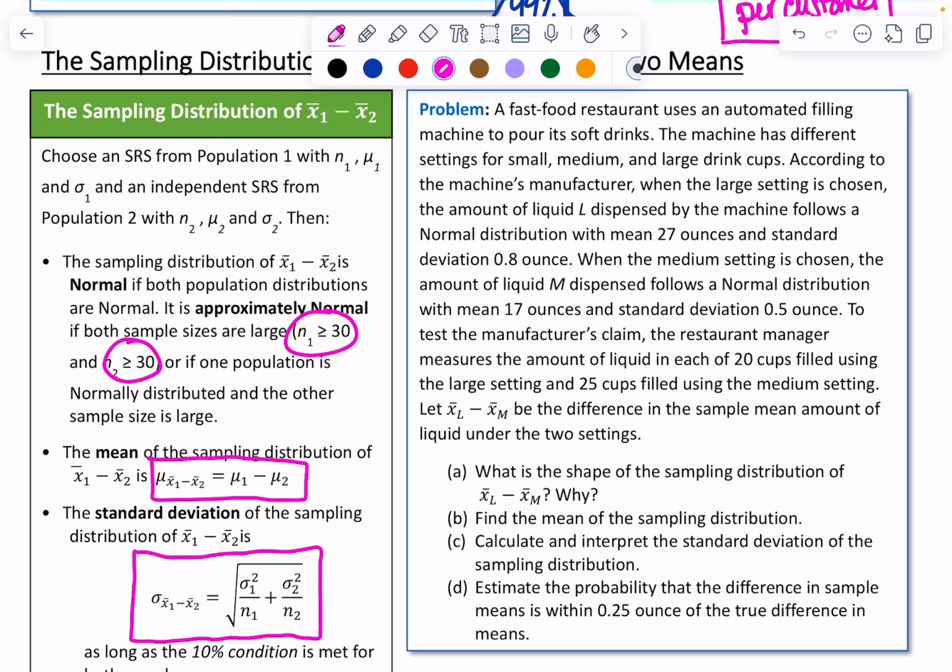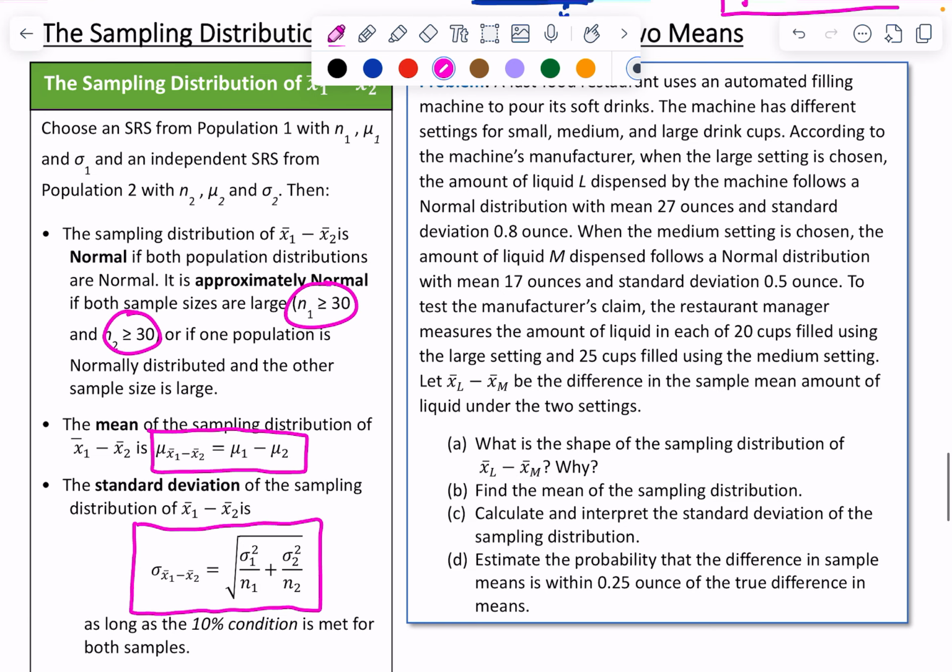Part A, what is the shape of the sampling distribution of X bar L minus X bar M? So let's go back. What do we know about the shape of L and the shape of M? I know L is normal, and I know M is normal. So no matter what my sample size is, if I know my two parent distributions are normal, the sampling distribution of the difference will be normal.